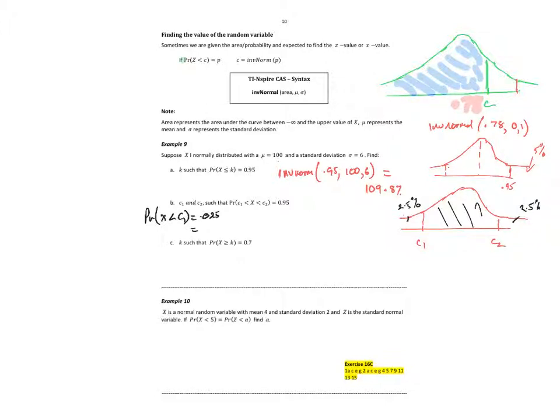Put that on my calc and I'll get an answer. And then that one there, well, it's going to be symmetrical, so 1 minus 0.025 gives me 0.975.